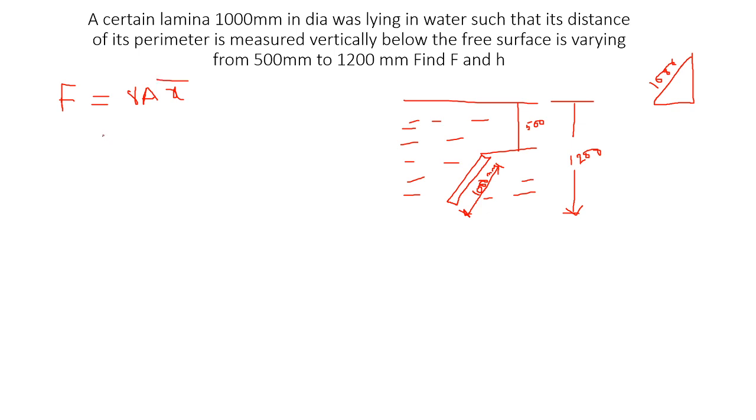The specific weight of water gamma is 9810 Newton per meter cube.